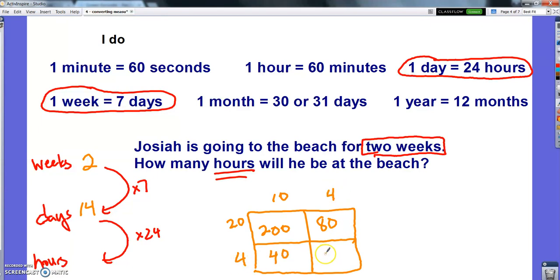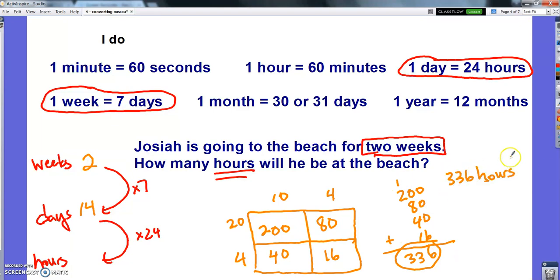And 4 times 4 is 16. So he's going to be at the beach for this many hours. 6, 8, 12, 13, 336 hours he'll be at the beach.